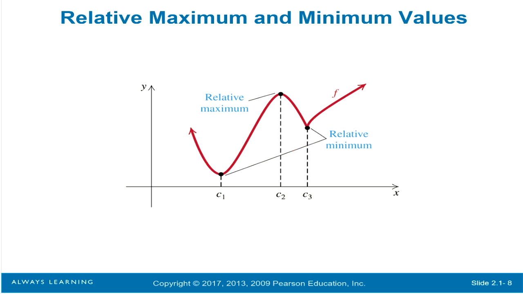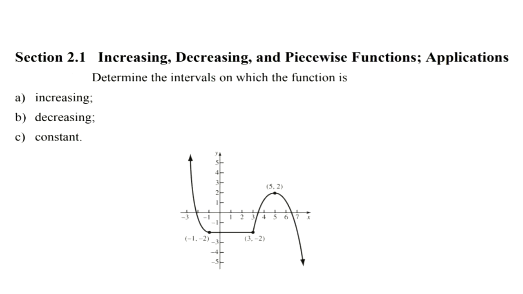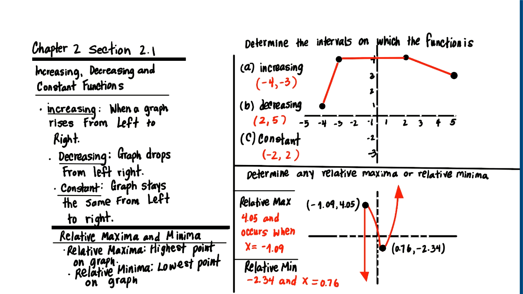Going back to the other slide. Now the relative max and minimum, that's always your y coordinate. So if they wanted to know if you have a relative max, you would find the highest point. So this is my highest point, that's my relative max.